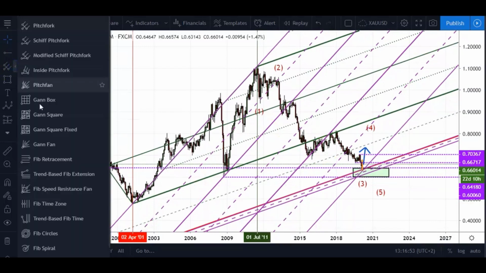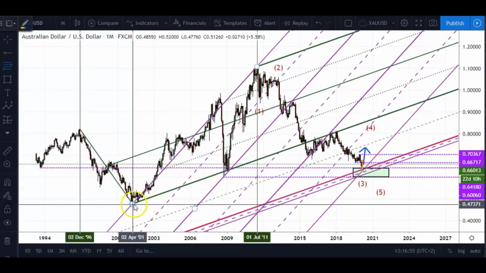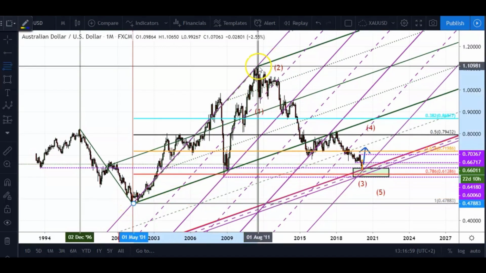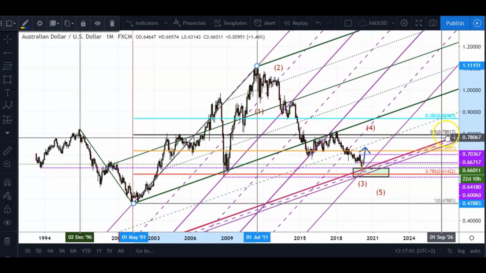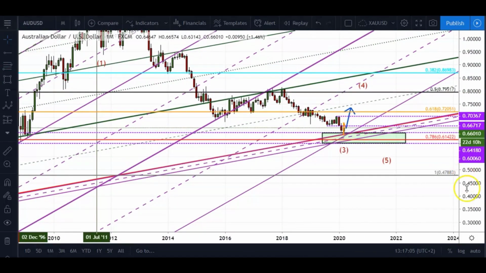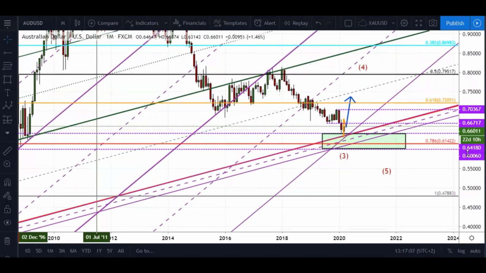Just also be aware that if we run a fib retracement from this all-time low here in May 2001 to this high, that price has also not reached the 0.786 yet. Previously, we had a reaction here from the 0.618 and went upwards and since broke down.